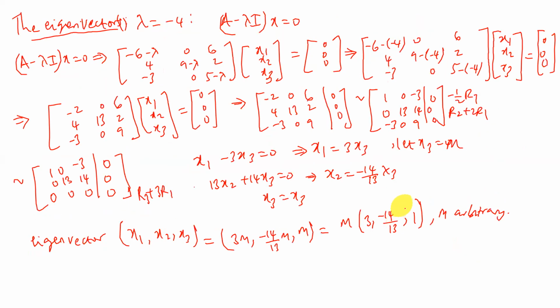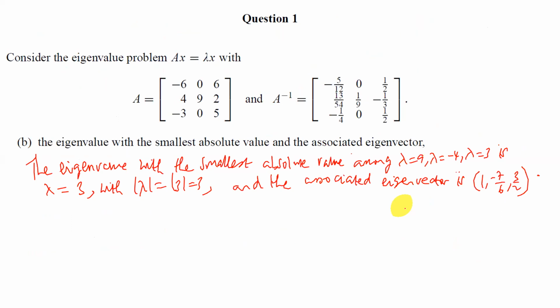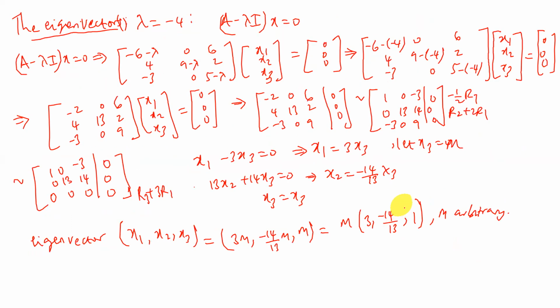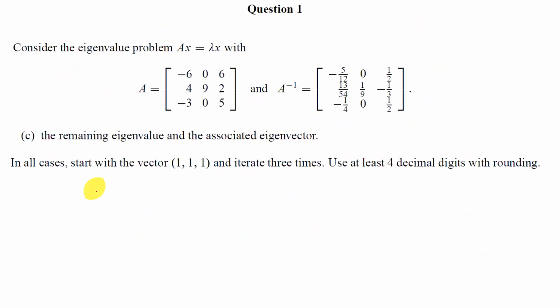Now we've done the B part, we just need to do the C part. Right, the C part is the remaining eigenvalue and associated eigenvector. In all cases, start with the vector 1, 1 and iterate 3 times. Use at least 4 decimal digits.